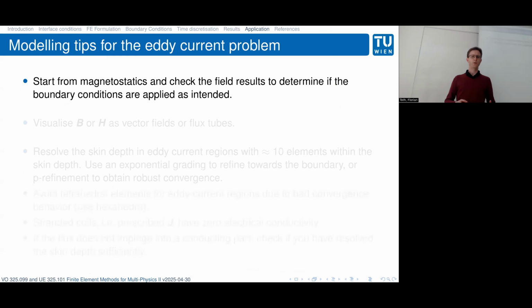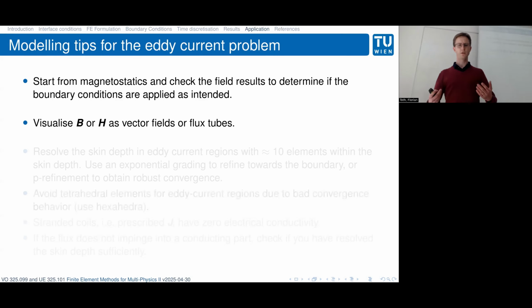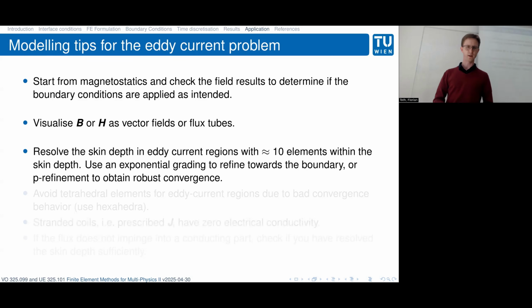Now, a few words on modeling of eddy current problems. So typically, you should start from magnetostatics and check the field results to determine if your boundary conditions are as expected. Then you switch to a dynamic or frequency domain eddy current problem. It's always good to visualize the H and B fields as vector fields, for example, using flux tubes in ParaView.